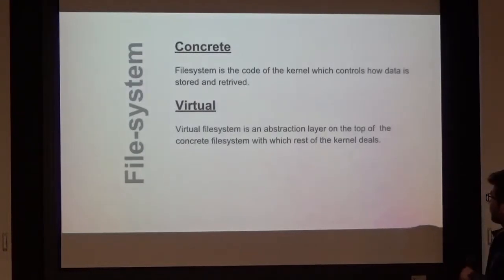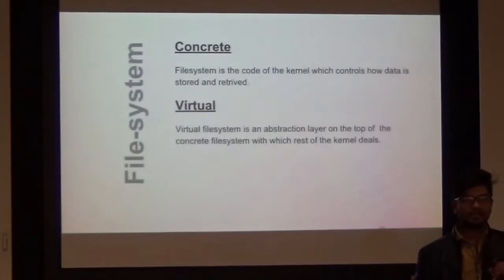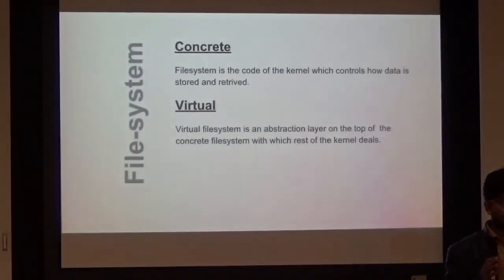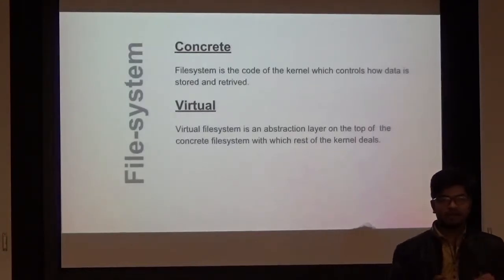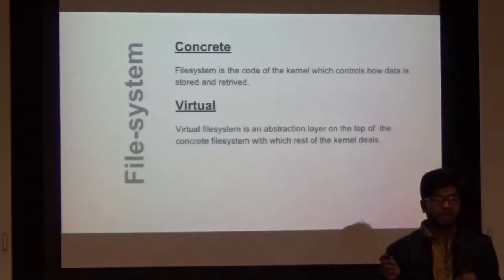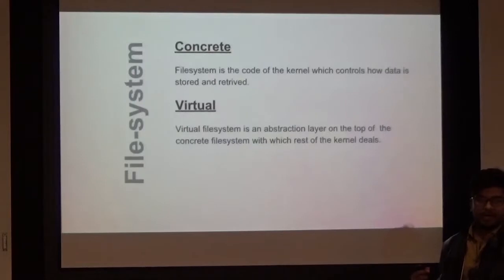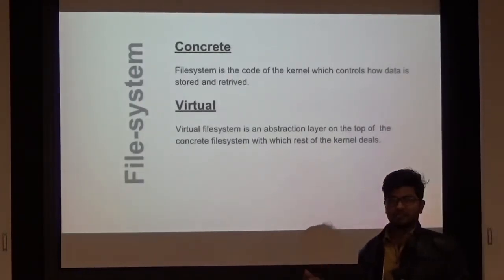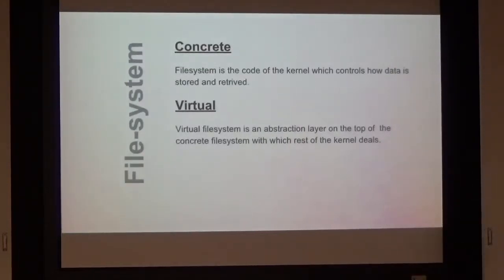Whereas the virtual file system is an abstraction over all the concrete file systems in the kernel, so that the rest of the kernel only has to deal with the virtual file system, and doesn't need to know the exact implementation and the functions which a concrete file system implements. So these are the main differences.